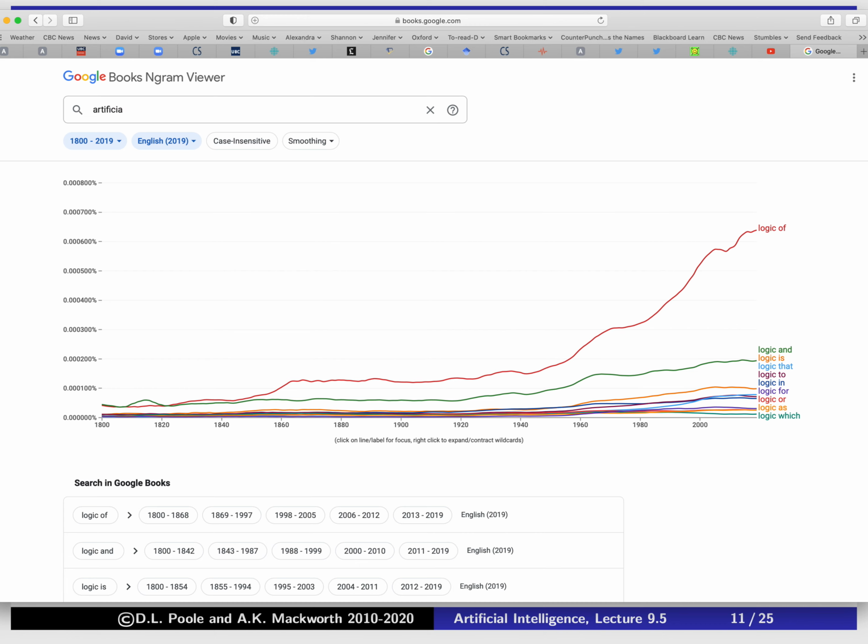We can do artificial star, and it's going to tell me all the words that follow artificial and the probability of them. So this is, oh, it's a bit slow. Okay, so this is trying to find all the probabilities of artificial followed by another word for each of these. So this is not the conditional probability, but the probability of these two words.